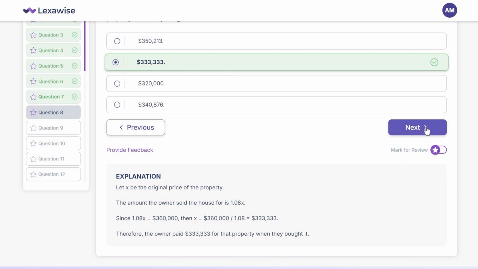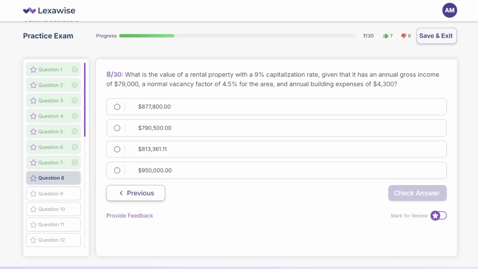Let's keep practicing. Here comes another tricky math-based question. What is the value of a rental property with a 9% capitalization rate, given that it has an annual gross income of $79,000, a normal vacancy factor of 4.5% for the area, and annual building expenses of $4,300?